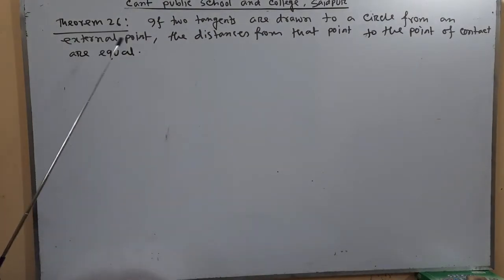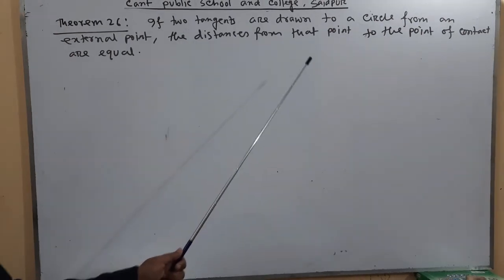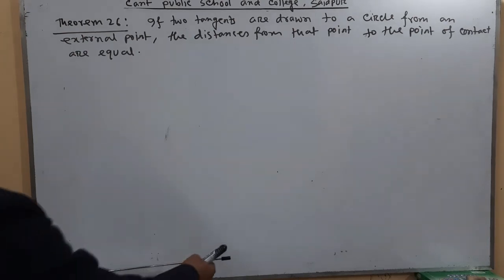Okay, I am reading this. If two tangents are drawn to a circle from an external point, the distances from that point to the point of contact are equal.